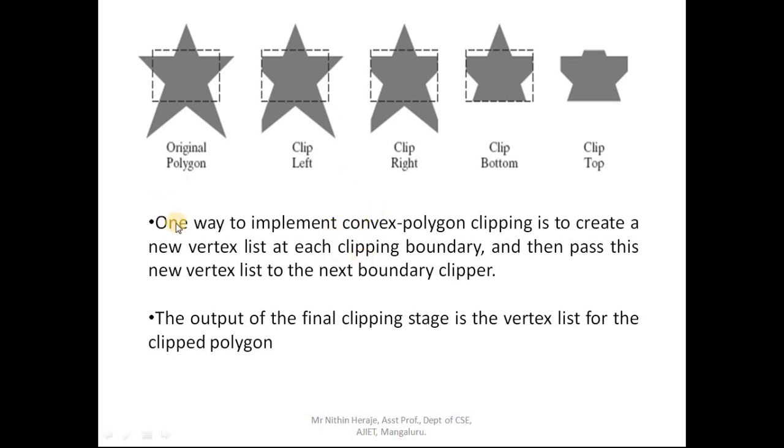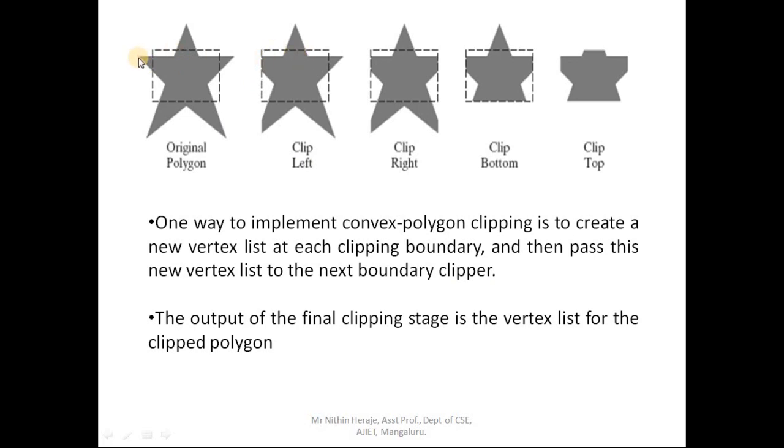And the third point is, one way to implement convex polygon clipping is to create a new vertex list at each clipping boundary and then pass this new vertex list to the next boundary clipper. If you look at these images here, you have a portion like this.